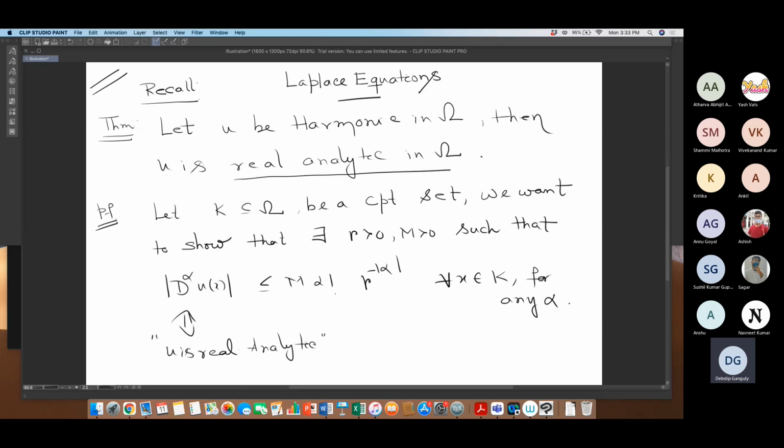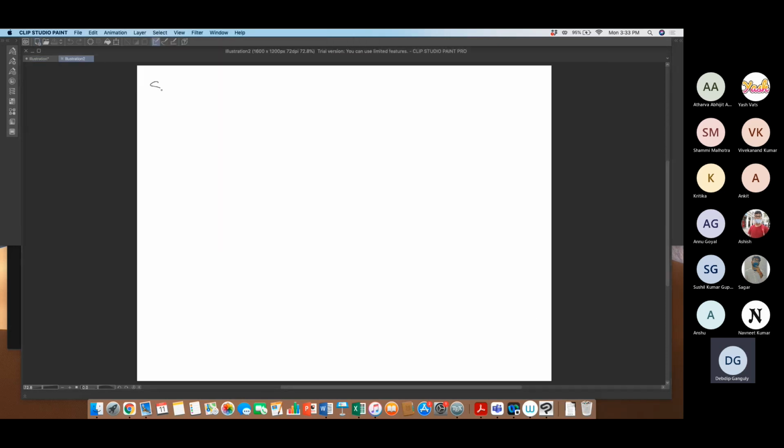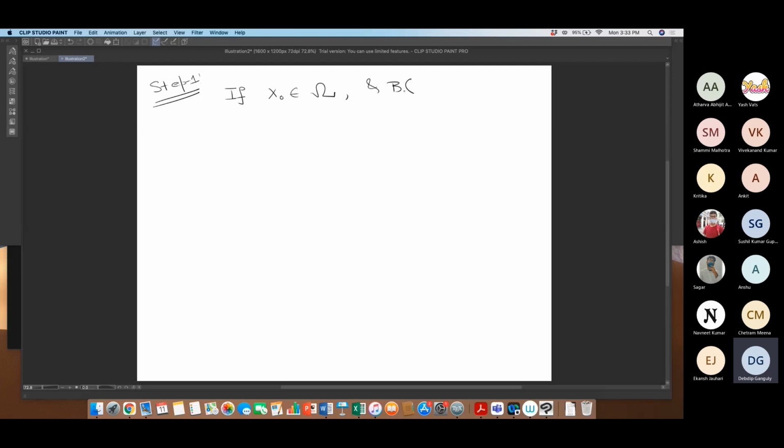Now, in proving this, a very important step was step 1. Step 2 is quite easy from step 1, but step 1 is very important. We have an estimate on a derivative for a harmonic function: for x naught in omega, since omega is an open set, we can always find an R such that the ball B(x naught, R) is contained in omega.